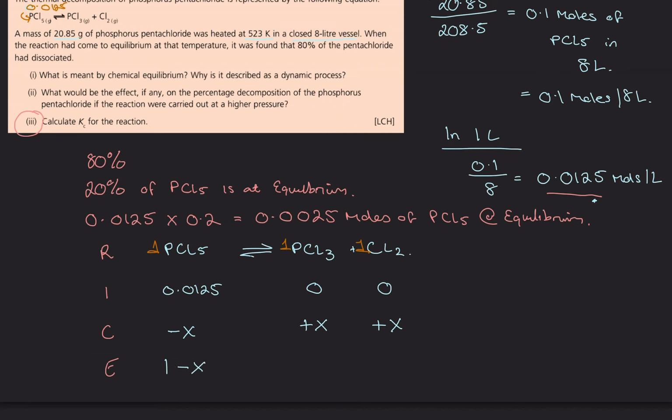And it lost a certain amount, 1 minus X. Then over here, it was 0 plus X, which is just plus X, and 0 plus X, which is just plus X. So at equilibrium, you see we've lost a small bit of the phosphorus pentachloride, and we've gained these two compounds on the other side. We've written them in the form of X, and we've stuck with the ratio of the reactants, so that should be all good to go. That's your RICE chart done.